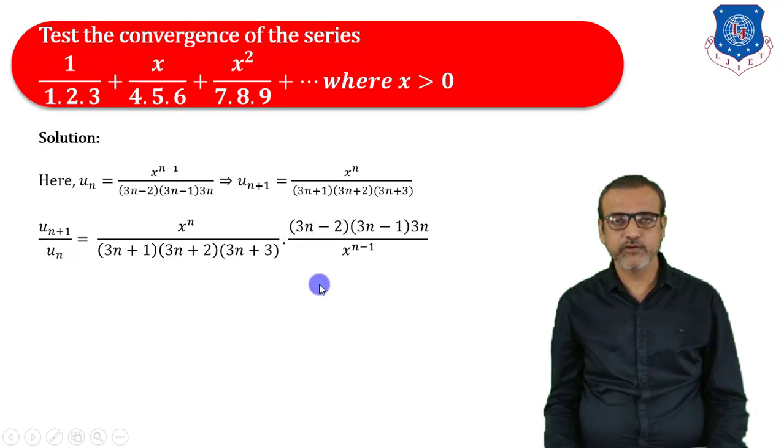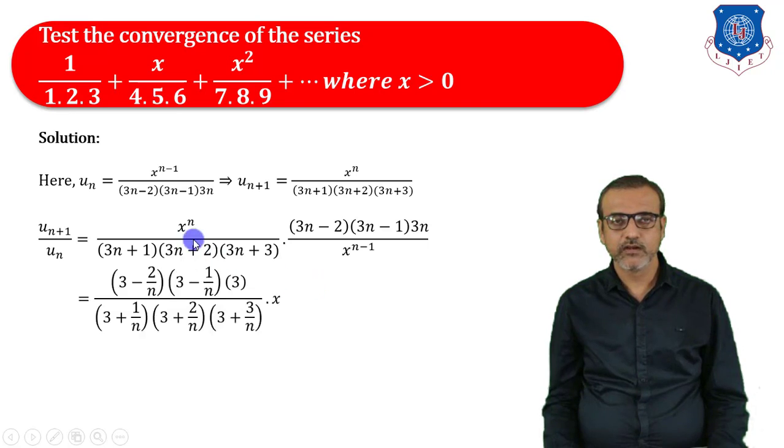Now we will simplify this result. You can see x raised to n and x raised to n cancel out. In the denominator we have x raised to minus 1, so writing it in the numerator it becomes x raised to 1. Taking n common, in the brackets we have 3 minus 2 by n, similarly 3 minus 1 upon n, and this 3 will be as it is.